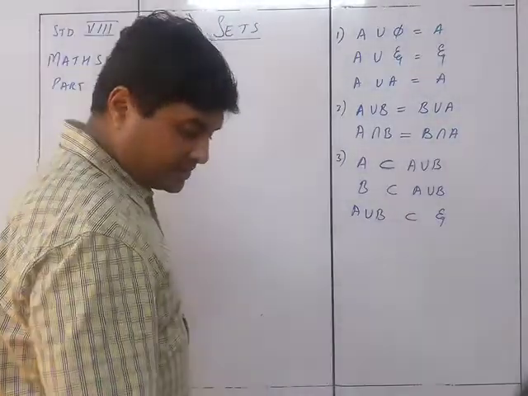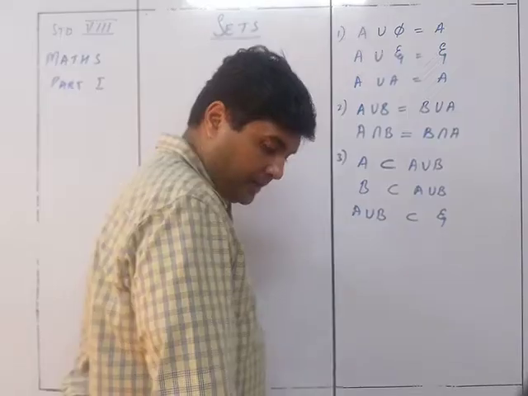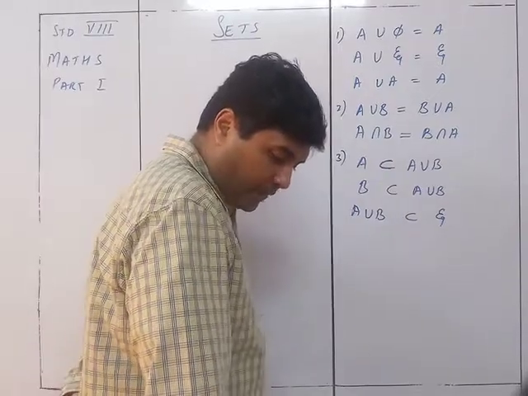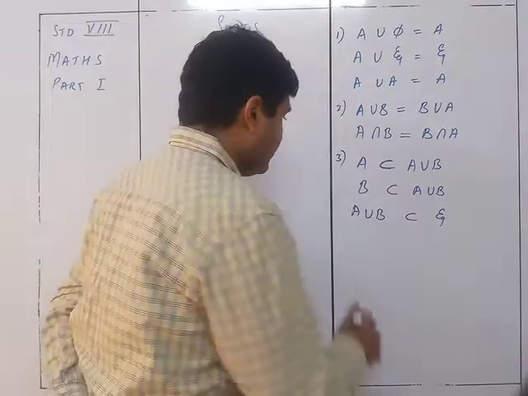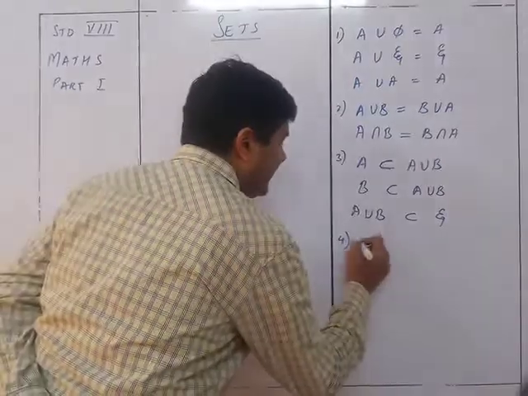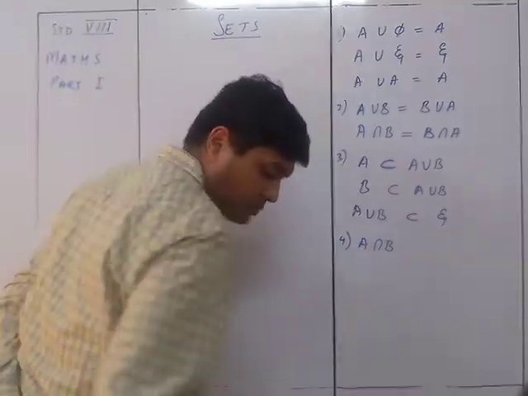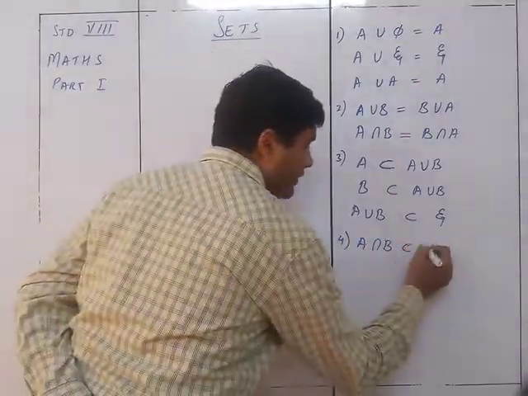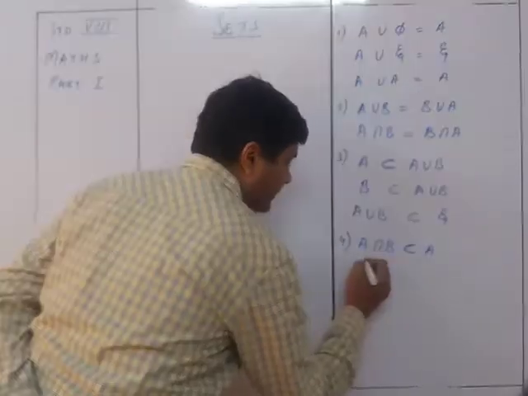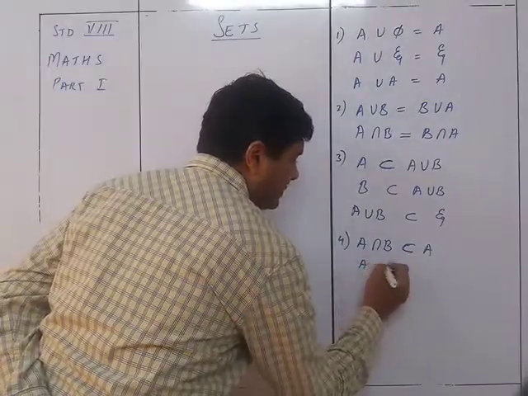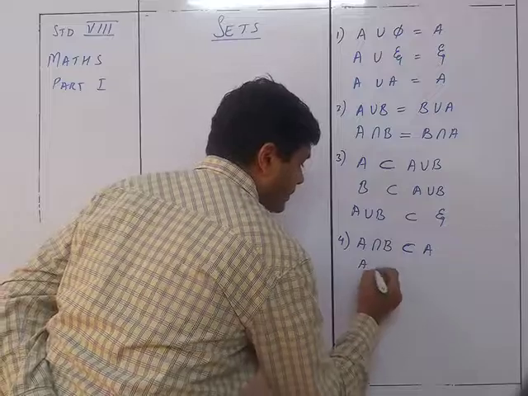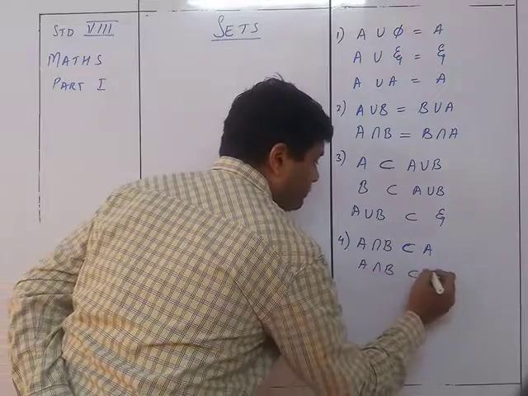So that's one part. What else? The next one will be A intersection B is a subset of A, and A intersection B is a subset of B also.